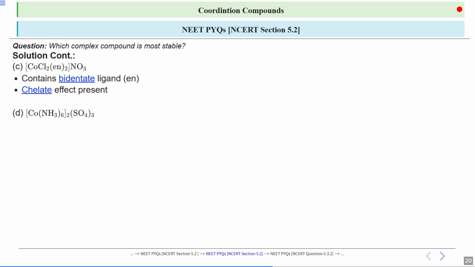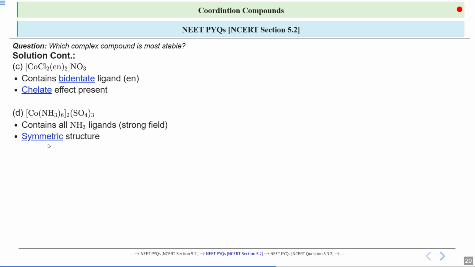In the D complex, we have [Co(NH3)6]2(SO4)3. Here it contains all NH3 ligands. SO4 is a counter ion present outside of the coordination sphere. But ammonia is a ligand, and cobalt has all ammonia ligands, which is a strong field ligand.